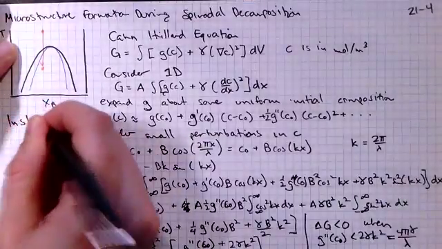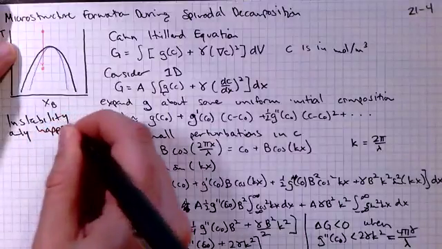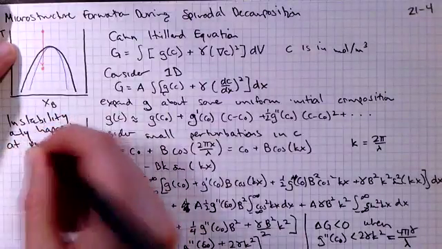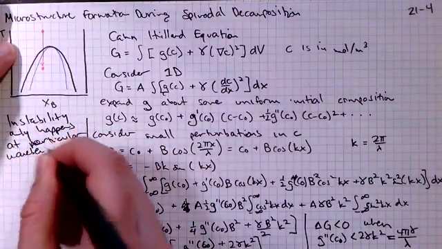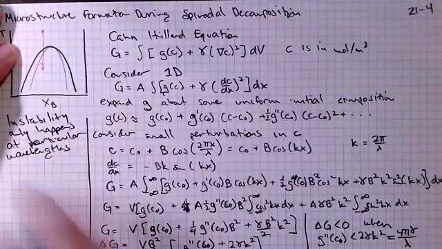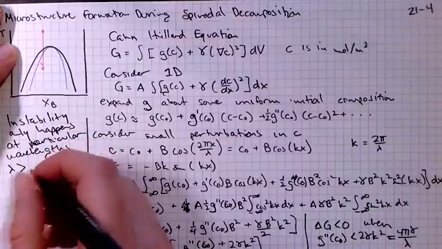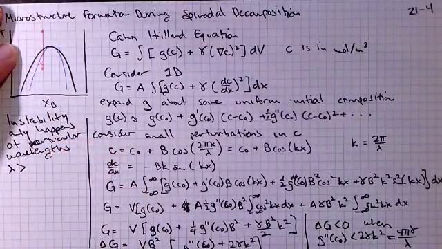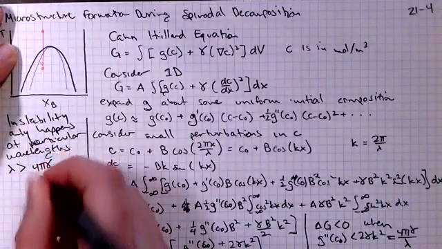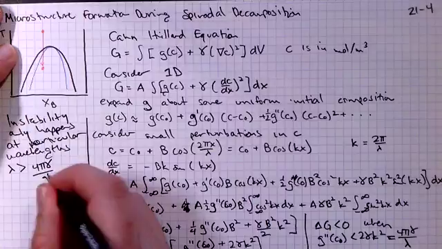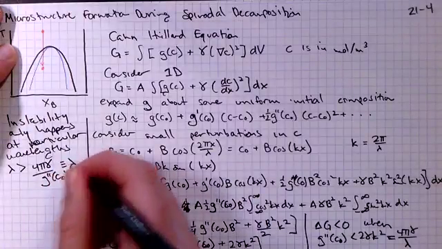So in particular, it tells us that instability only happens at particular wavelengths, and in particular for lambda greater than 4 pi gamma over G'' of C0, which we'll call lambda star.